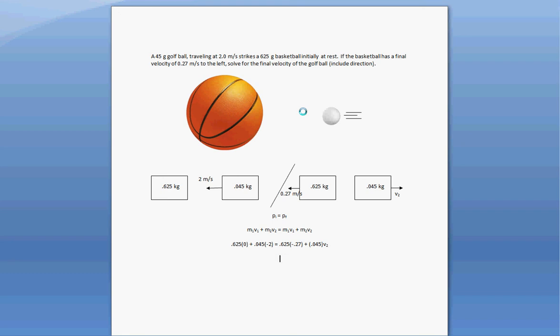Alright, so the first term is 0. The second term is going to be a minus, so that's 0.045 times 2, which is 0.09, so negative 0.09 equals 0.625 times 0.27, which equals negative 0.169, just rounding a little bit, plus 0.045 v2.